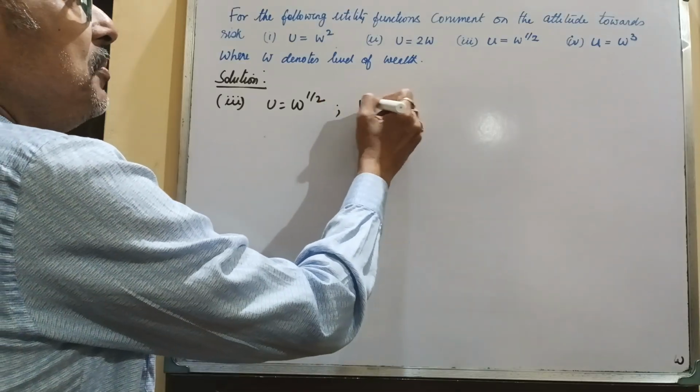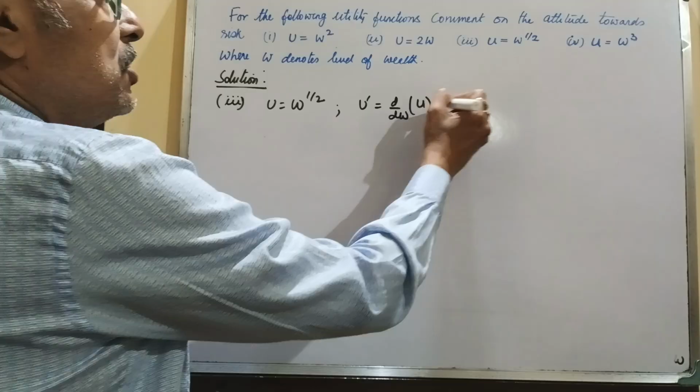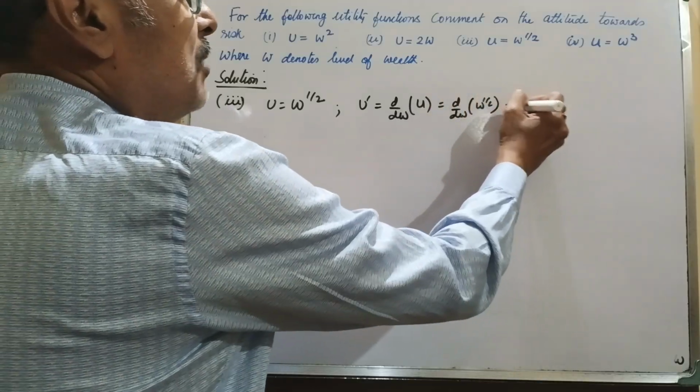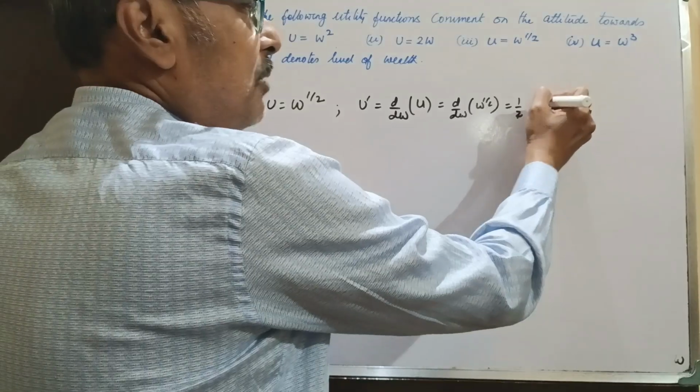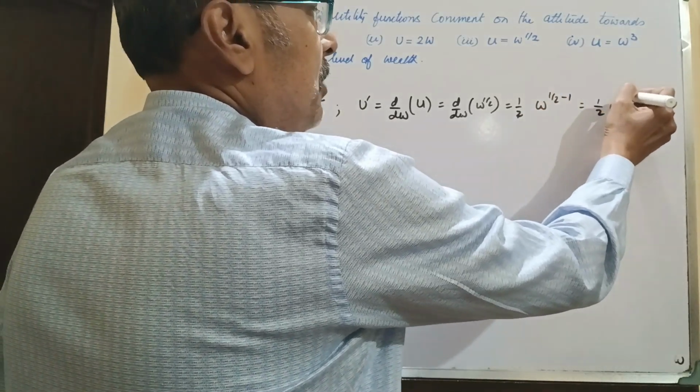Now u prime, that is the first order differentiation: half comes here, w to the power half minus 1, that is half w to the power minus half.